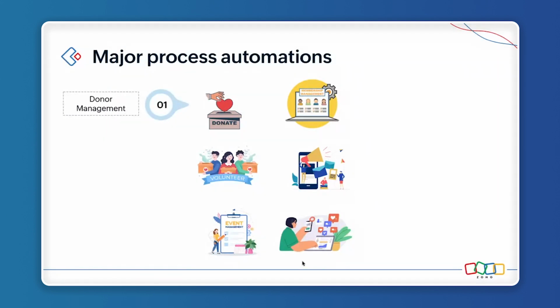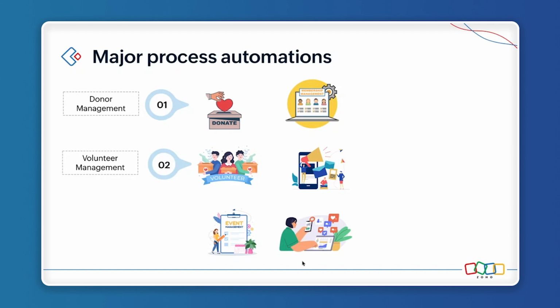Whenever we create a fundraising event, obviously the donors will show interest in donating for the event that we have created. So we need to manage those donor registrations and the amount of donations that we receive from these donors. This is one of the major processes that needs automation in fundraising event management.